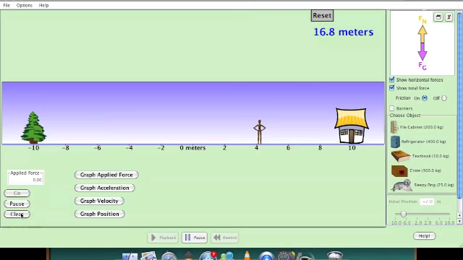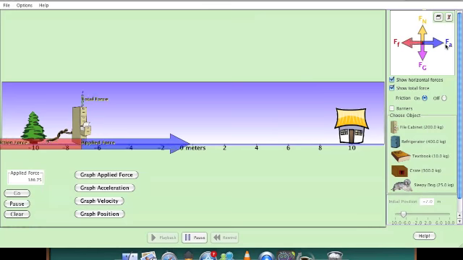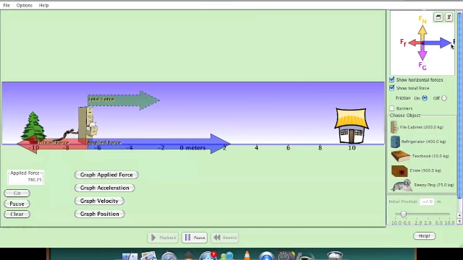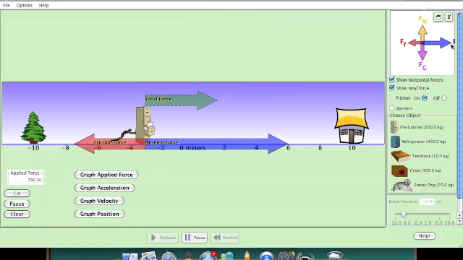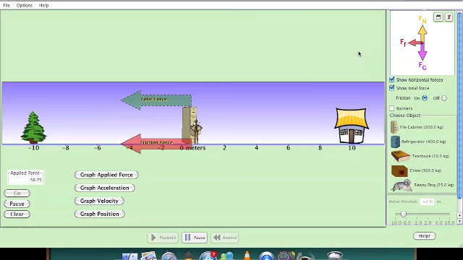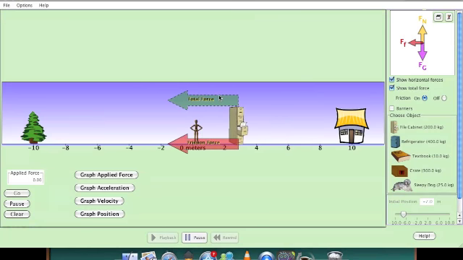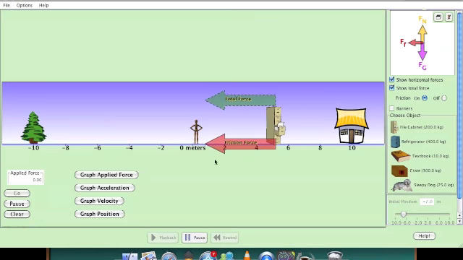Let me just clear the data, and let me take it to a constant, say 790, and I suddenly stop the applied force. So what happens? The friction force is the only force acting in the opposite direction, so it makes it come to a rest.